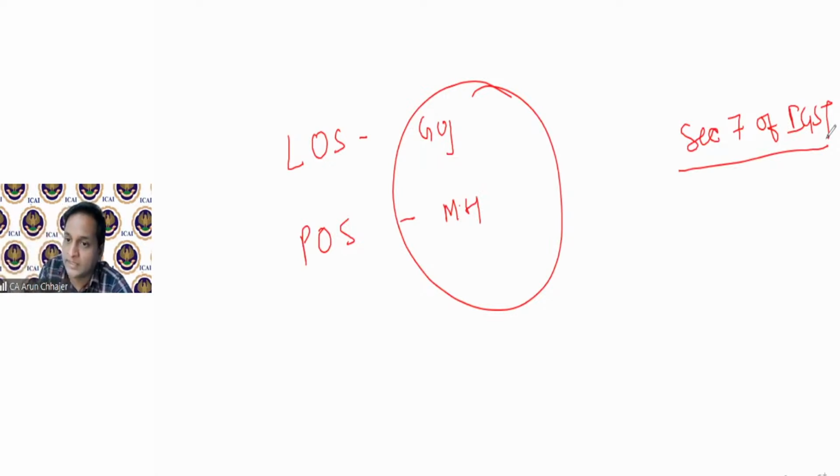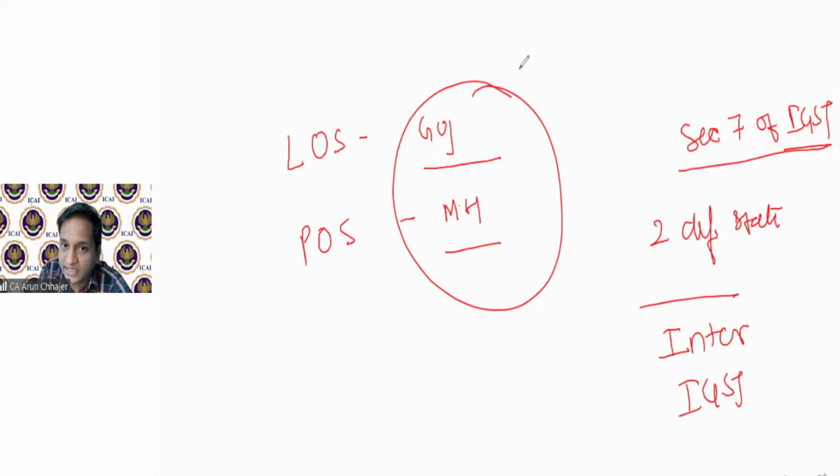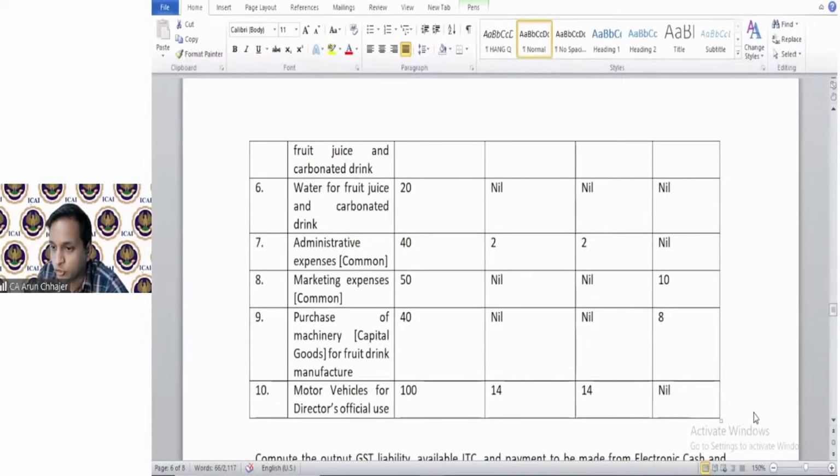Section 7 of IGST Act says if the location of supplier and the place of supply are in two different states, two different UTs, or one state and one UT, then it is interstate supply and IGST is to be paid. In this example, because it is interstate supply, the recipient will pay the tax as IGST, rupees 1 lakh. Is it clear? Namrata, please confirm. Is it clear?